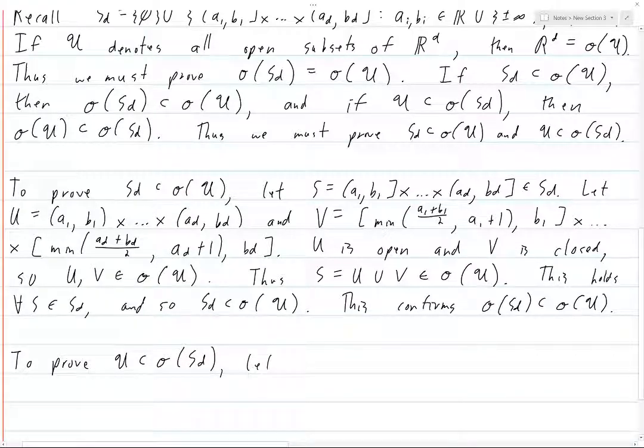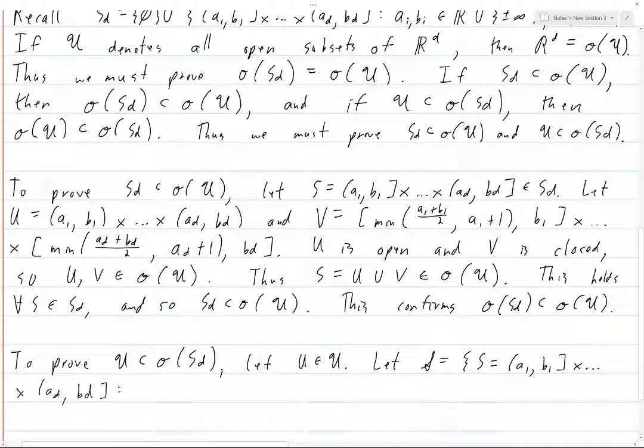So let U be an arbitrary open set in U. Let script S be the set of all sets of the form A1, B1, cross, all the way with AD, BD, where S is contained in U, and each Ai and Bi are in the rationals.